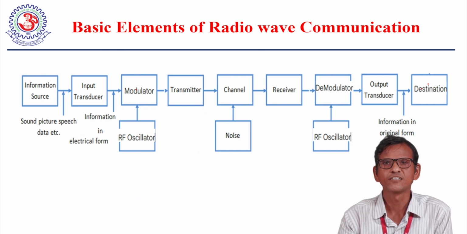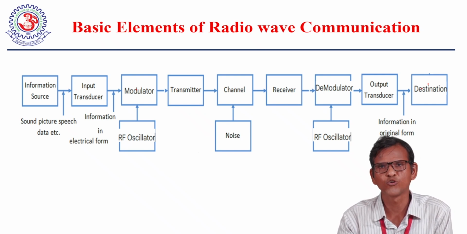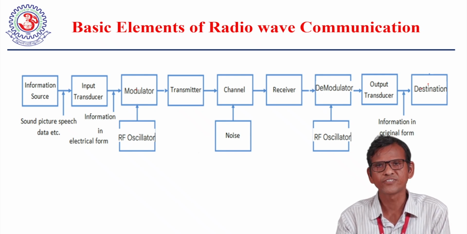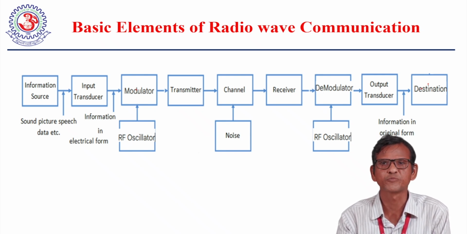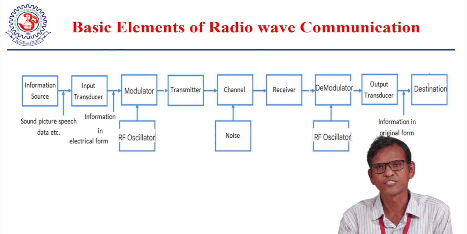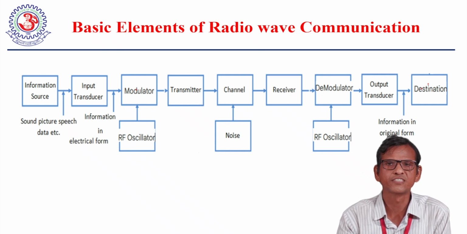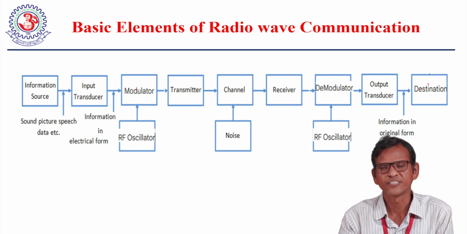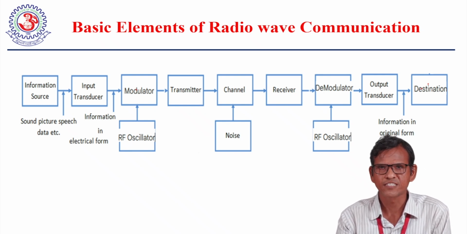After the modulator, the signal goes to the transmitter, where the antenna is the main part, and after the antenna it is transmitted to the transmission channel. It can be free space or a wired channel. In the transmission channel, noise is also introduced by itself, which makes efficiency a little bit low.